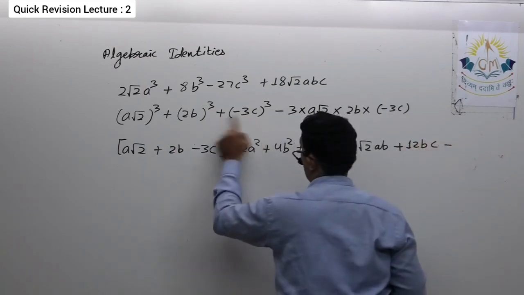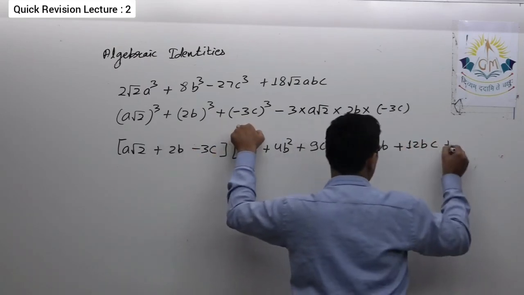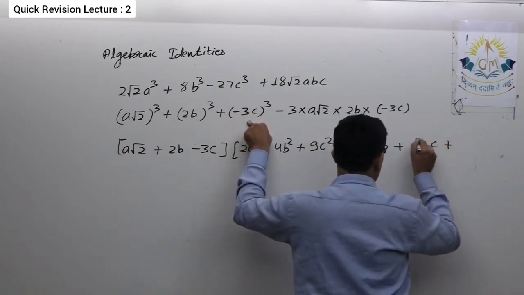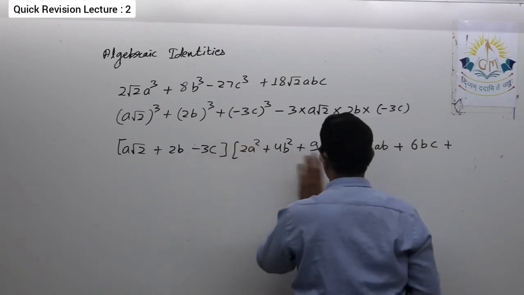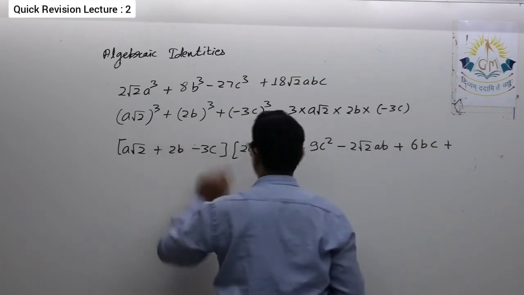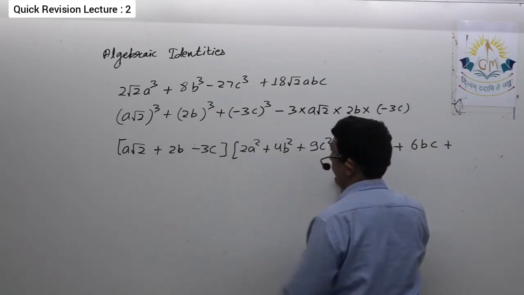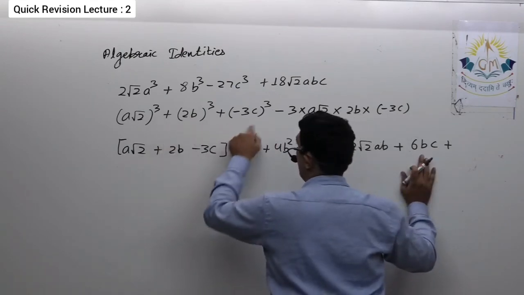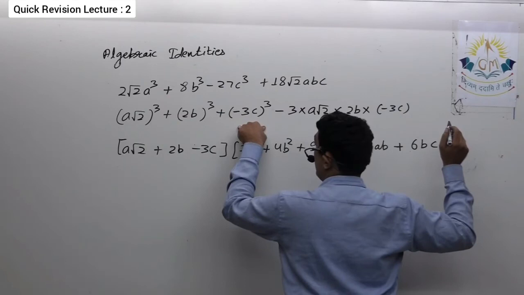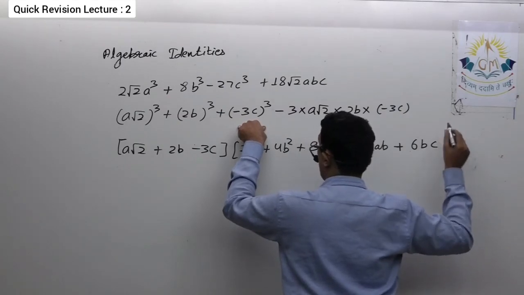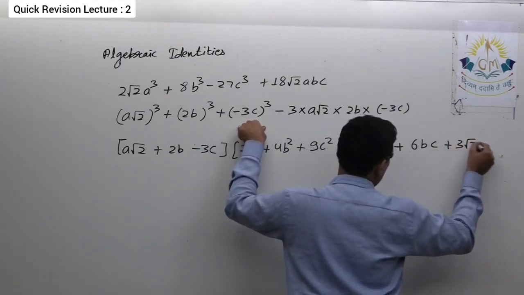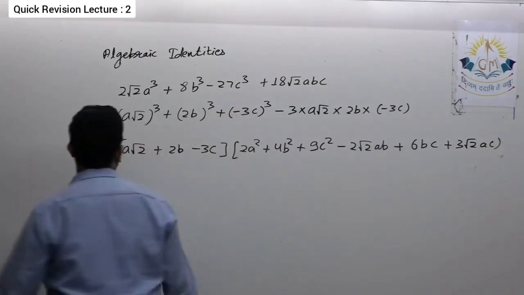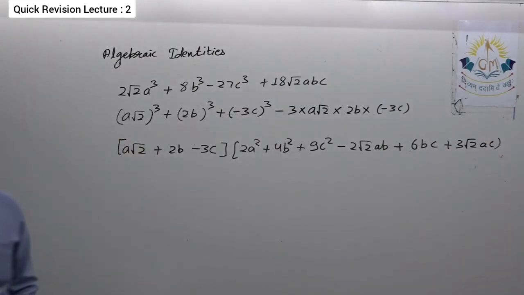Minus ca, so again negative is there, so this will become positive. Here it won't be 2, it will be only 6, because it is minus ab minus bc minus ca, so plus 3 root 2 ac. So these are the factors of the given expression.